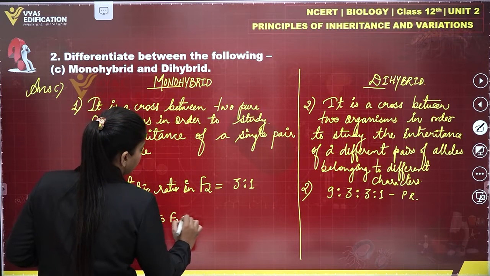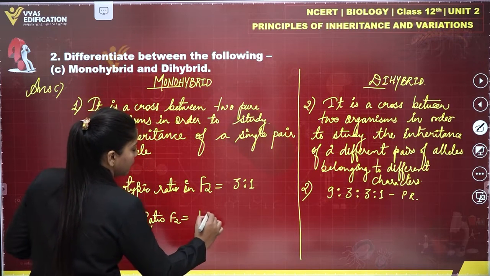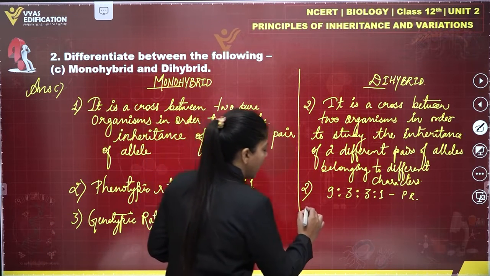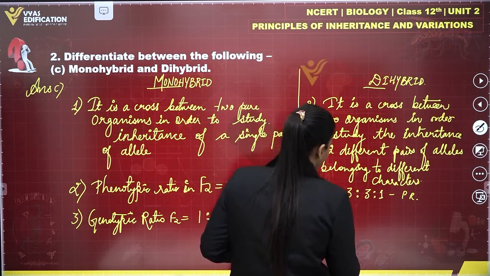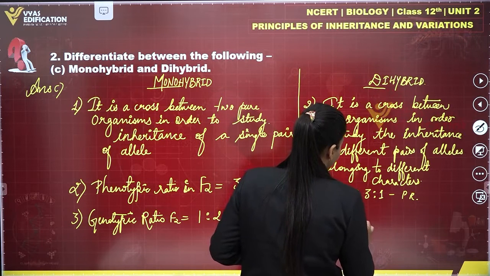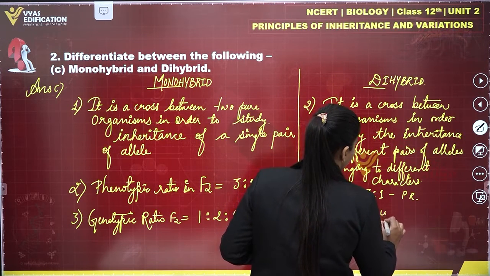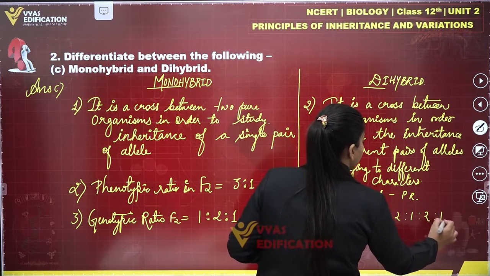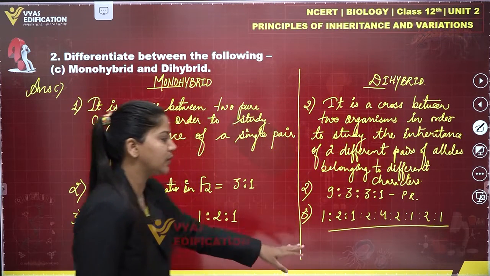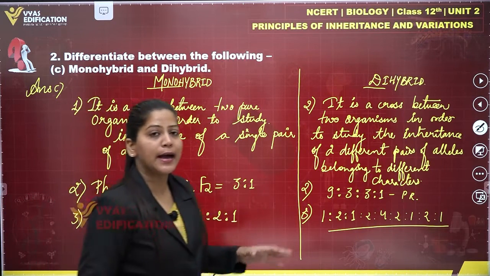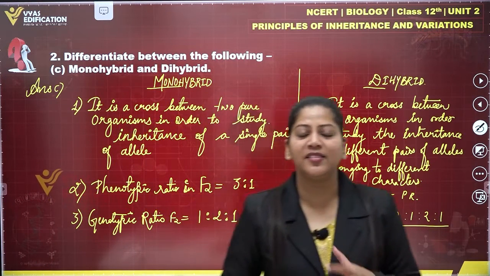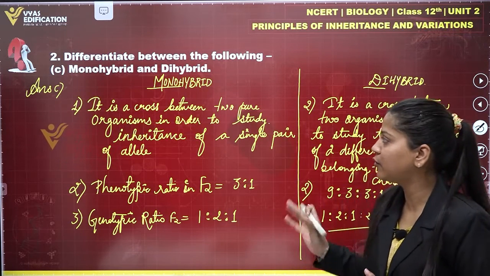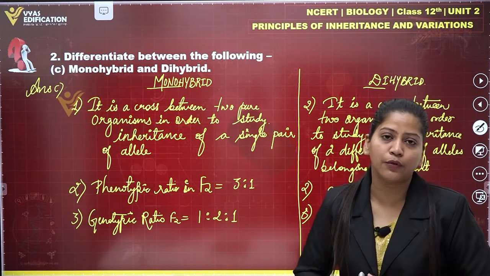The genotypic ratio in the F2 generation of a monohybrid is 1:2:1, and of a dihybrid cross it is 1:2:1:2:4:2:1:2:1. So this is the basic difference between monohybrid and dihybrid crosses, and this is a complete solution of part C of question number 2.